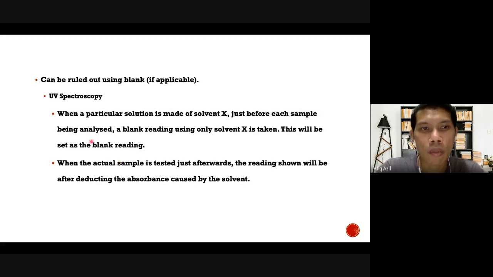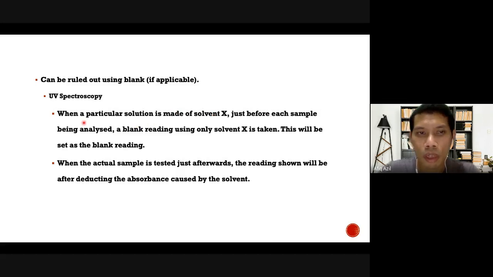The example that I put here is in UV spectroscopy. Normally, you don't straight away put the cuvette containing the sample into the UV instrument. First, you have to measure the blank. The blank is normally the solvent that you use to dissolve the solute. So when a particular solution is made of solvent X, let's say ethanol, you use ethanol.